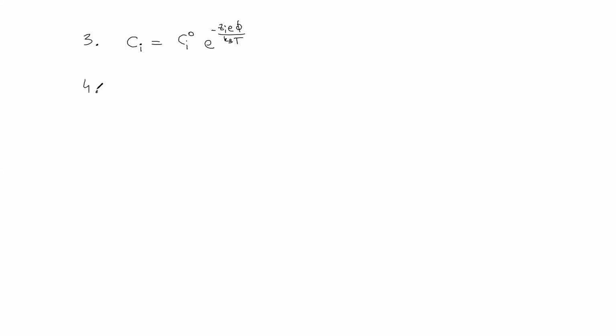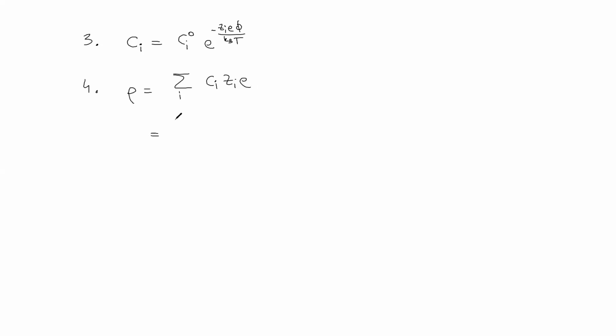And from that concentration, we can calculate what is the density now. So the total density of charges will be the sum over all the species of the concentration times the associated charge of each species.